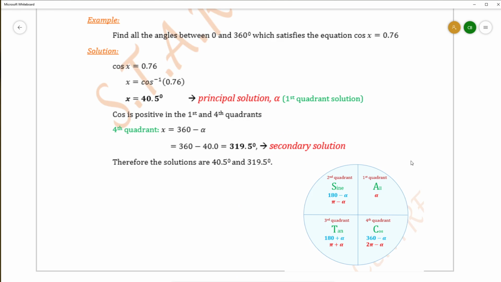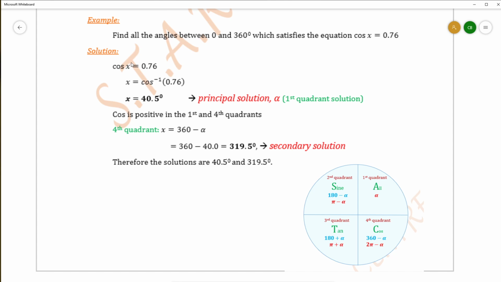Find all the angles between 0 and 360 which satisfy the equation cos x equal 0.76. Solution: if cos x equals 0.76, then x would be equal to cos inverse of 0.76, which gives us 40.5 degrees, and this is called our principal solution, alpha, which is our first quadrant solution.